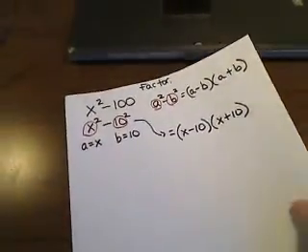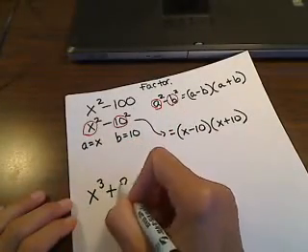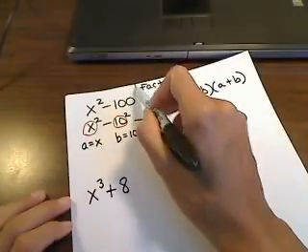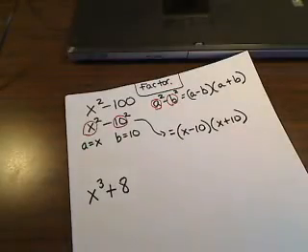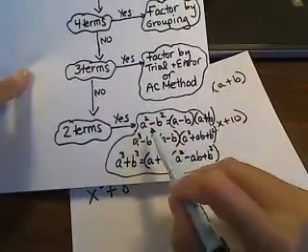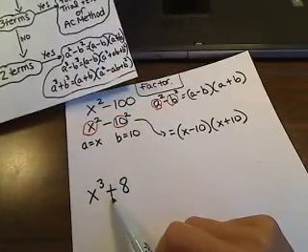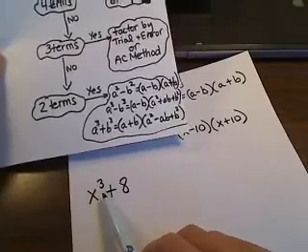Let's take a look at one of the cube formulas. Let's do something relatively easy to start with, something like x cubed plus 8. Again, the directions are to factor. You'll notice that this one does not fit the difference of squares formula, right? First of all, for a difference of squares you have to have a minus sign, and you need things to be in the form of something squared, and that's not this.